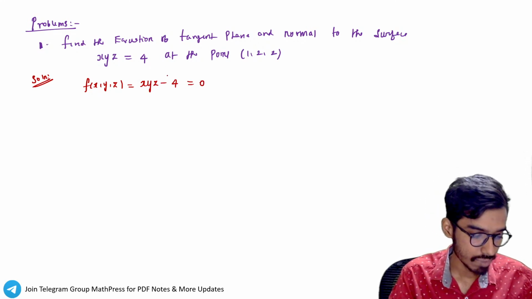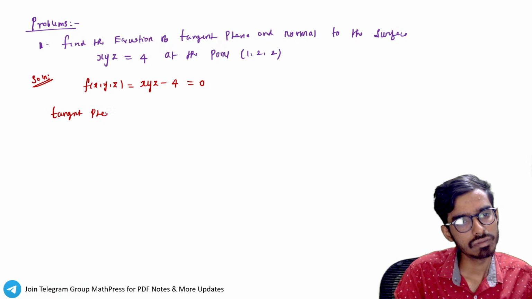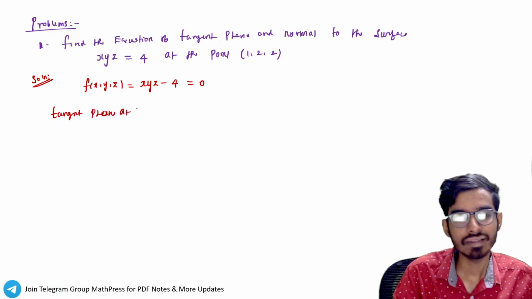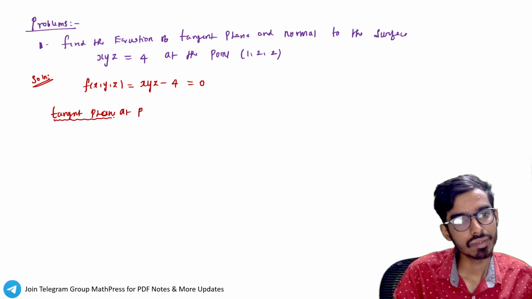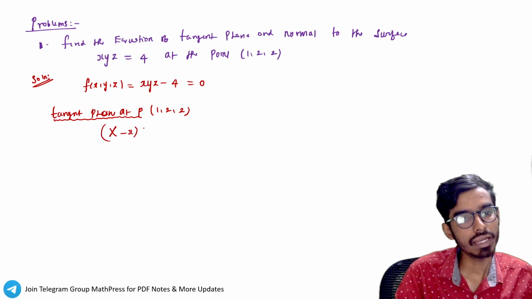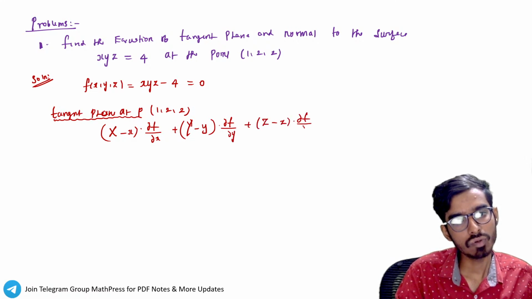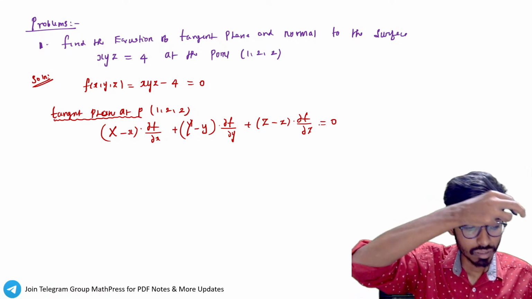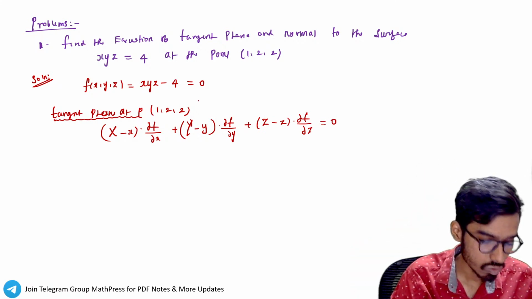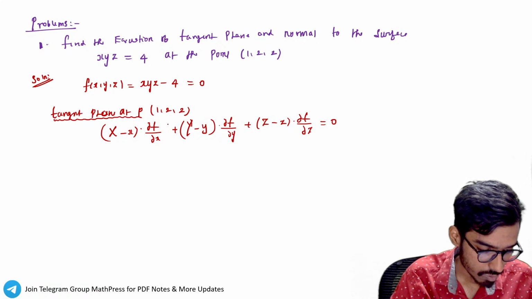Now what we need to do is, first we will find the tangent plane. The problem is very easy, right? Tangent plane at P. What is P? P is (1, 2, 2). So what is the formula? Capital X minus small x times dou f by dou x, plus capital Y minus small y times dou f by dou y, plus capital Z minus small z times dou f by dou z is equal to 0.